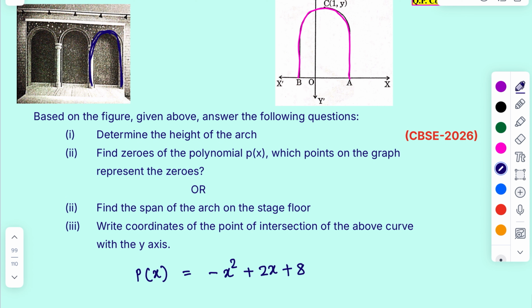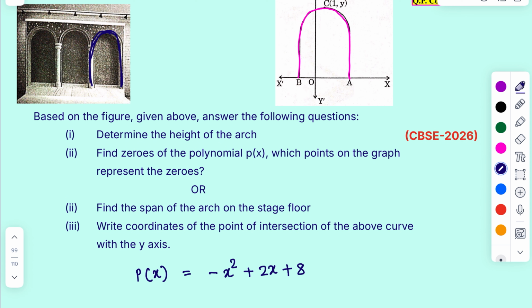So x minus 4 equal to 0, or x plus 2 is equal to 0. From here we will get x is equal to 4 or x is equal to minus 2. These are the zeros of the polynomial. X is equal to minus 2 is one zero, and the other zero of the polynomial is plus 4.